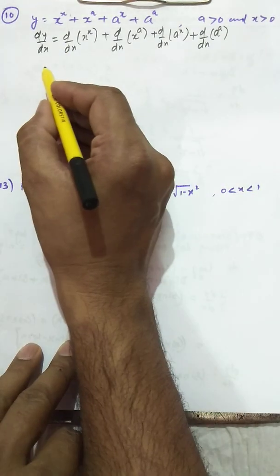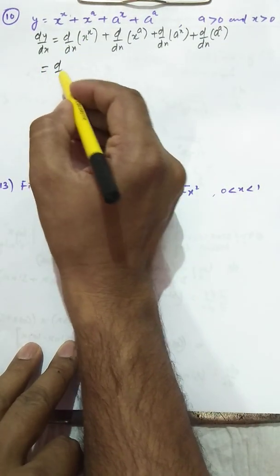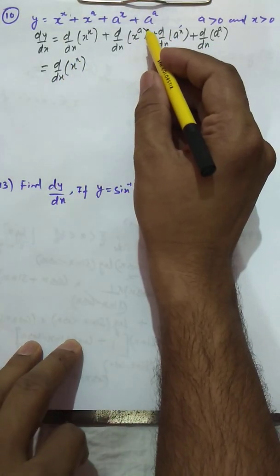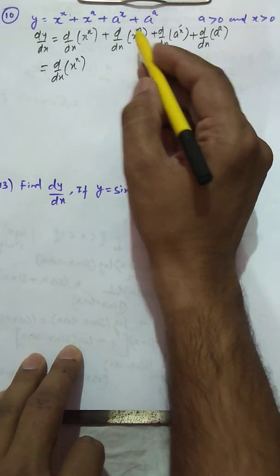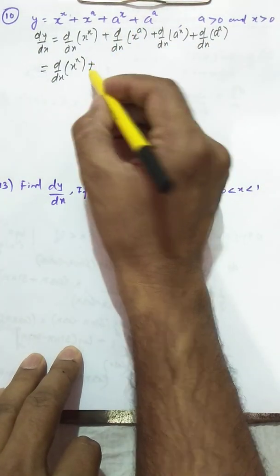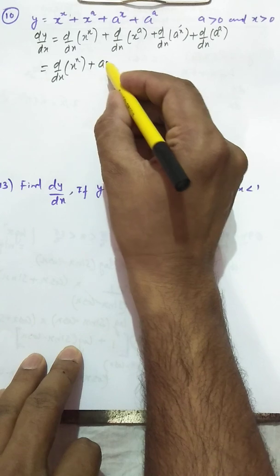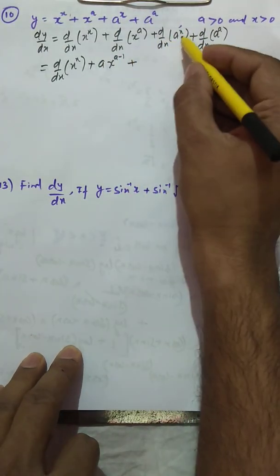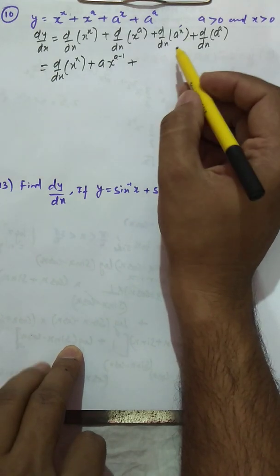So now I'm writing the answer as it is because we have to solve it. And this x to the a, you can solve with the help of the power rule. So this becomes a x to the a minus 1. This a to the x, the derivative of a to the x, we discussed in the exponential function.